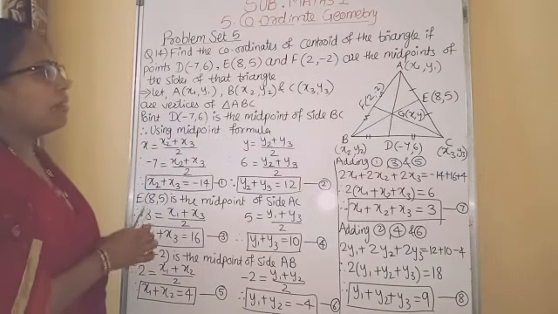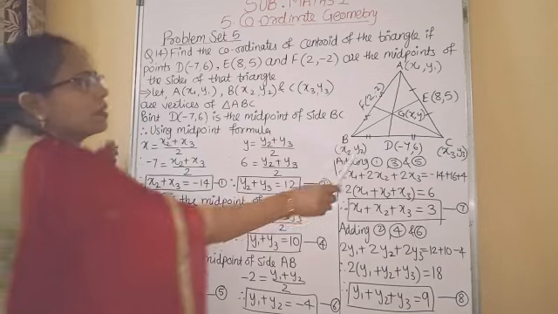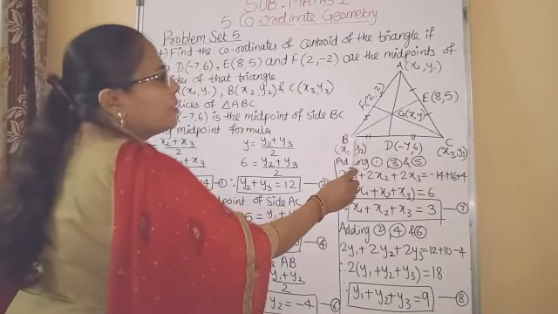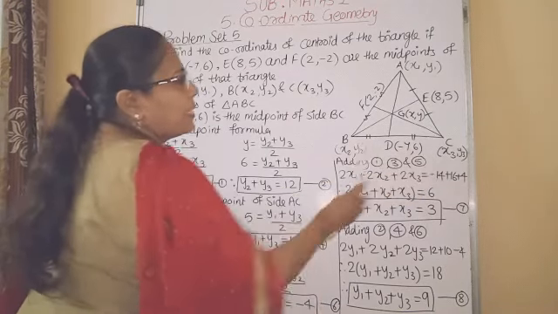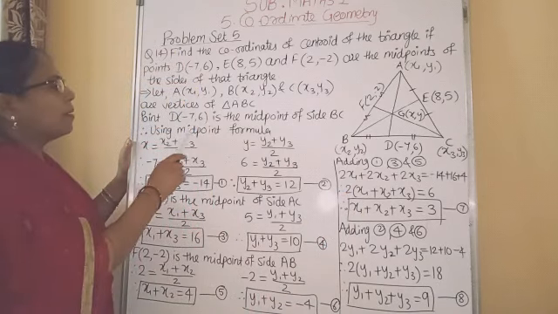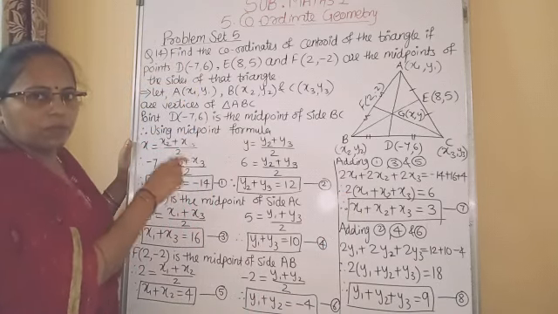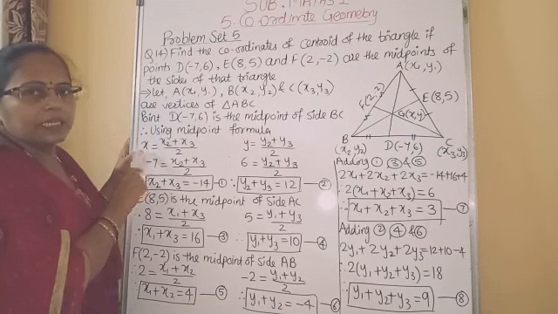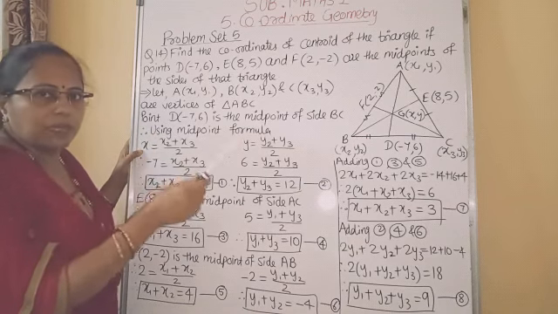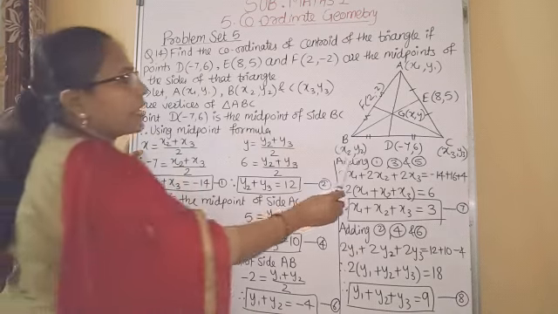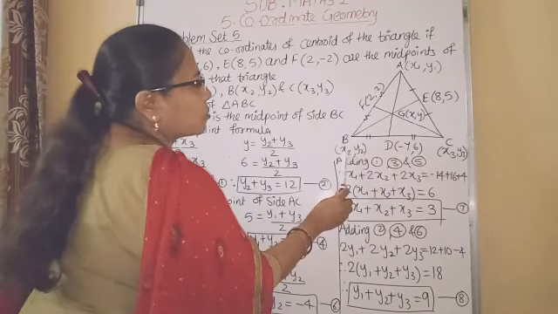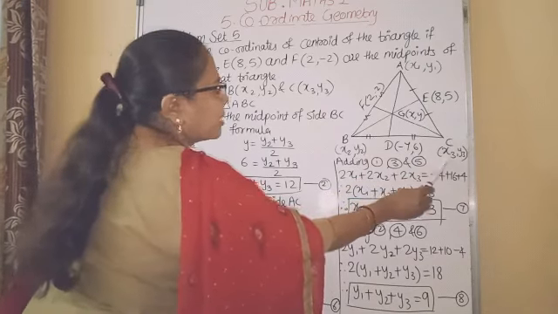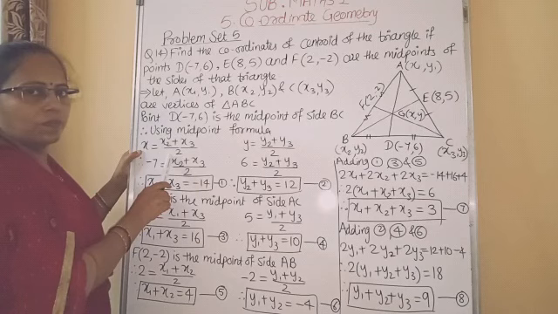First, we will take point D. Point D is the midpoint of side BC, so we will use the midpoint formula. We know x is equal to (x1 plus x2) upon 2. Here we will take x2 plus x3 upon 2.